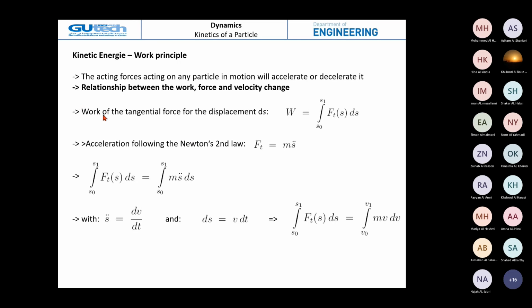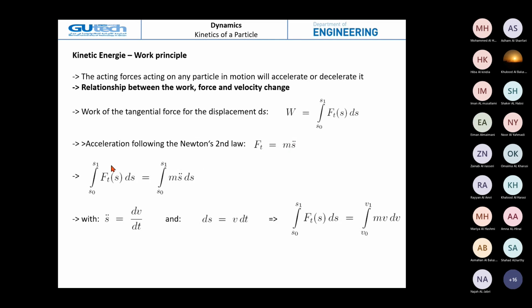Now, the work of the tangential force for the displacement ds. Here, W is always defined by the integral of F dot dr, where r is the position vector. In scalar form, it is Ft ds. Following Newton's second law, Ft is only m multiplied by s double dot, which is the acceleration.